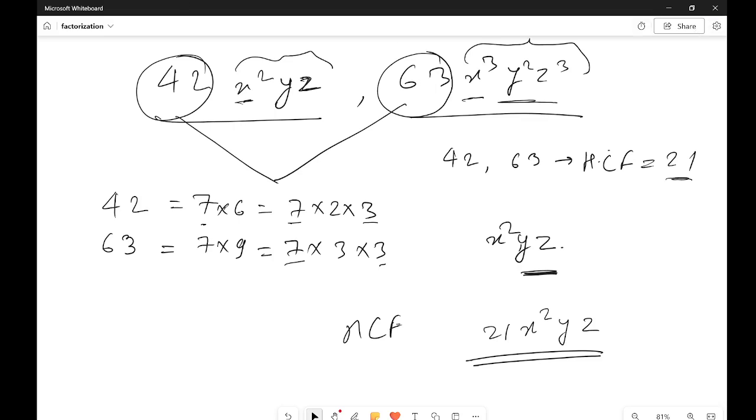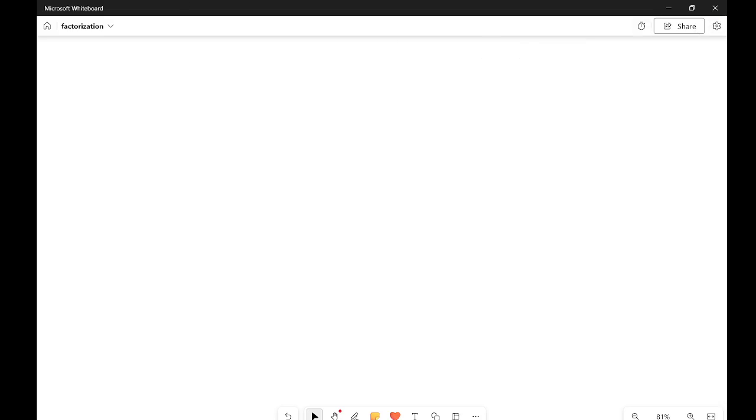Okay, let's take another example. Till now we were taking one or two or maybe three. Let's try with more than three expressions. The very first expression, 9x squared.